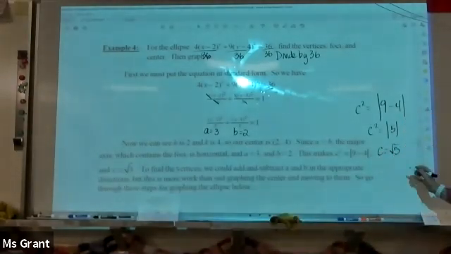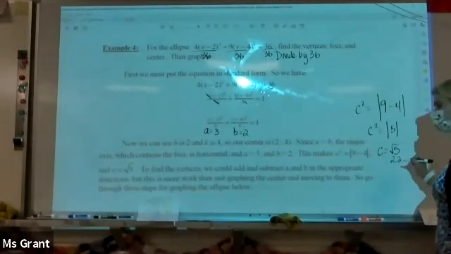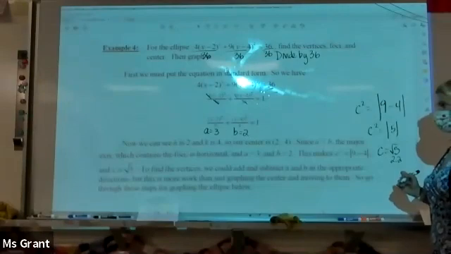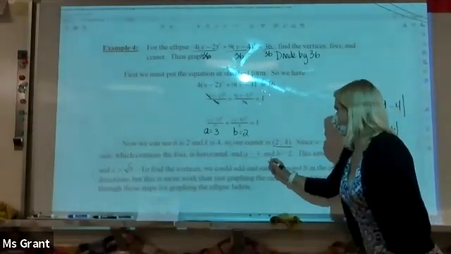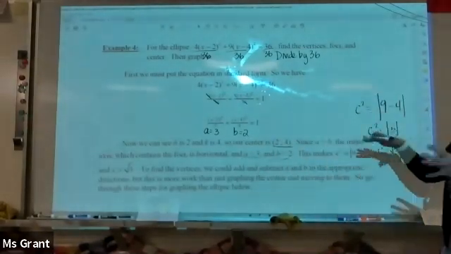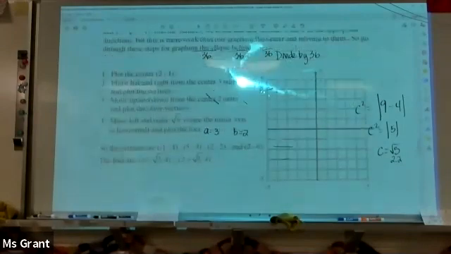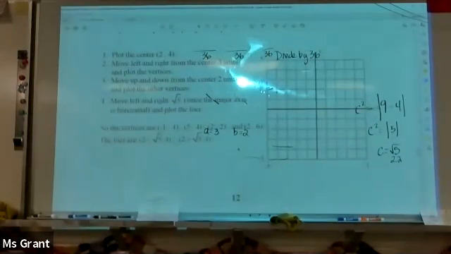Rad 5 is about 2.2, okay? Center, A, B, it's all written there. So everything's like on the paper for you. This more is an example that you could just watch. So I'm going to go down and I'm going to start graphing. And this is different.